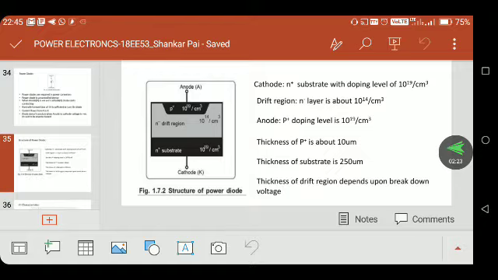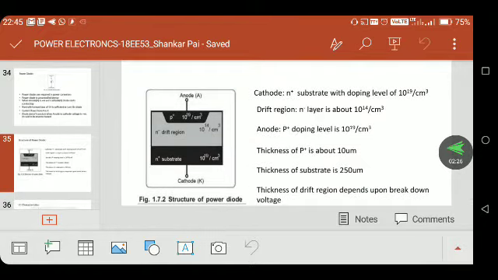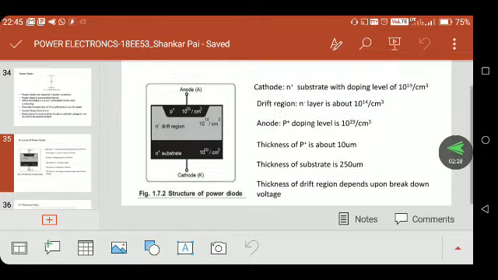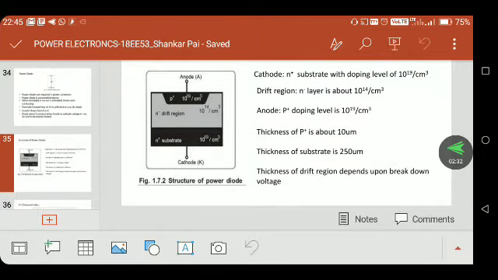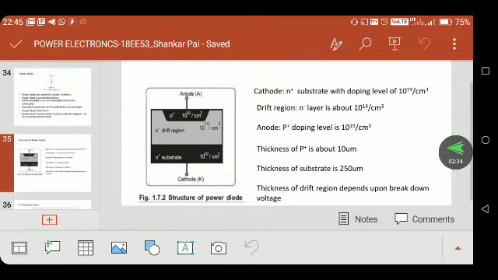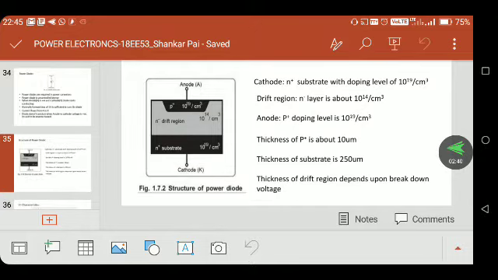That is to increase the conduction area. As the area of conduction increases, resistance decreases. With the decrease in resistance during conduction, it will reduce what? Power dissipation within the device. That is why this structure is considered.